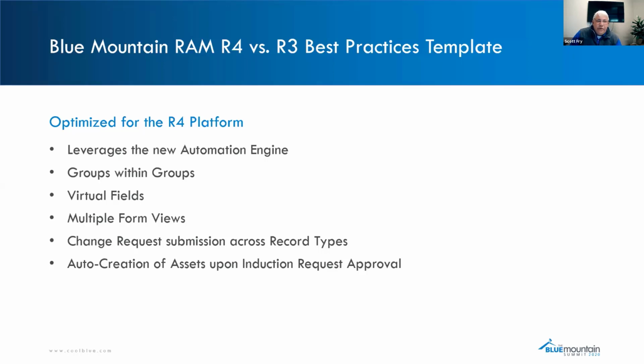The change request submission across record types means that right from the record type, you can create a change request submission. You don't have to go to a query and then create the request from there. Also, the auto creation of assets upon inductions for approval area.